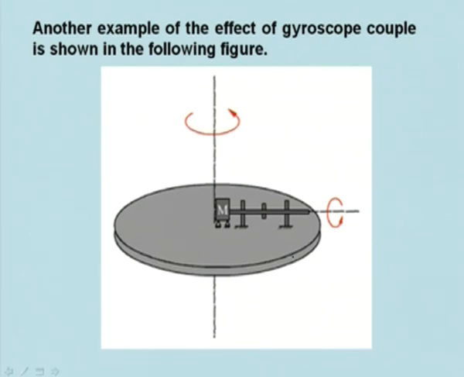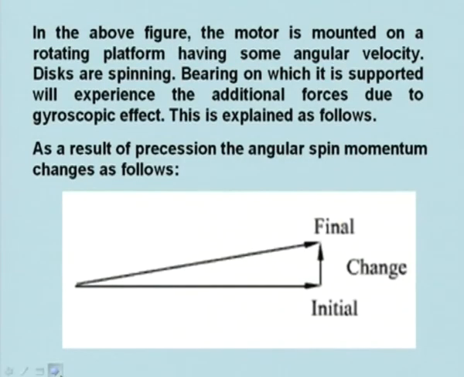This is a motor, this is rotating about that. Now there is a spin motion of the rotor, but at the same time the whole disc is rotating. The motor is mounted on a rotating platform having some angular velocity.